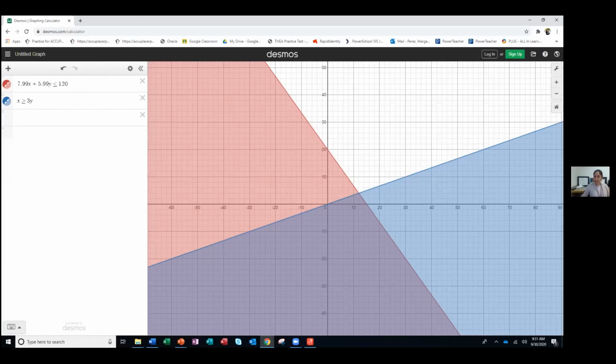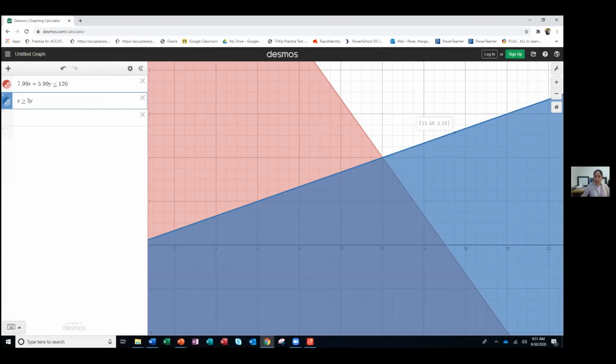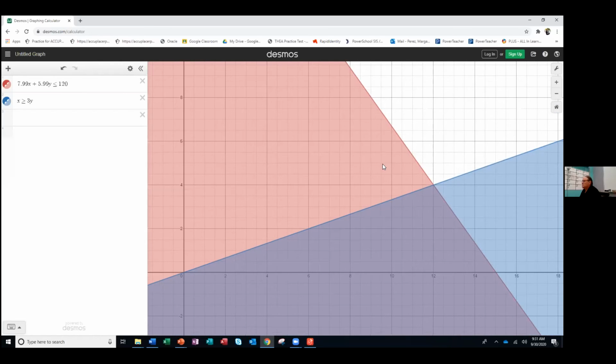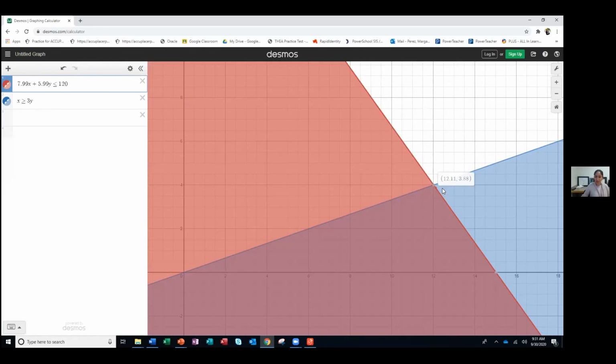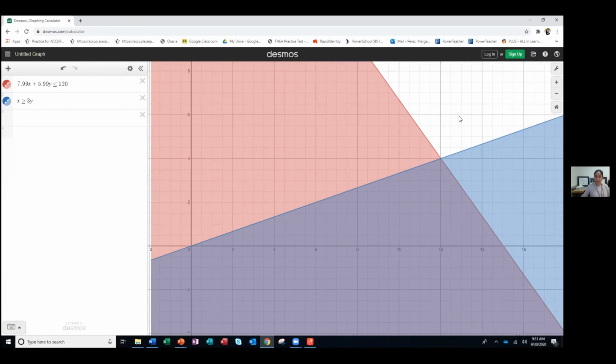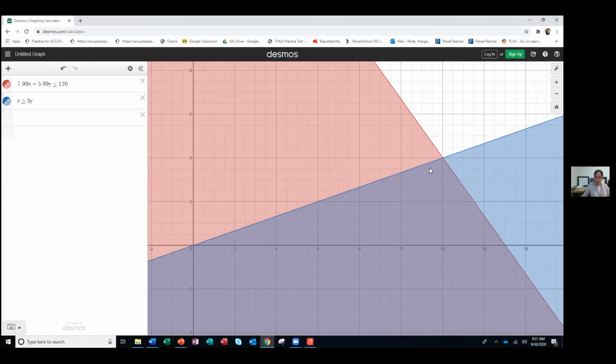And again, we really only need to look at the first quadrant, because we can't have negative pounds of steak or negative pounds of barbecue ribs. So that means that our solution region is this triangle right here, right? So any point in this double shaded triangle would be a possible solution.